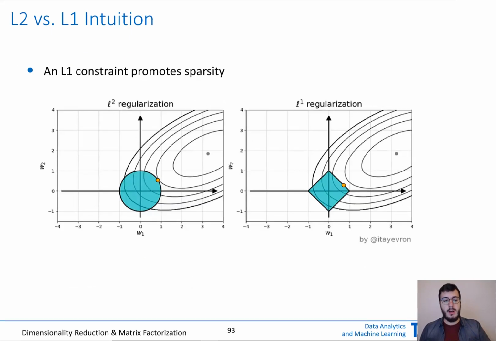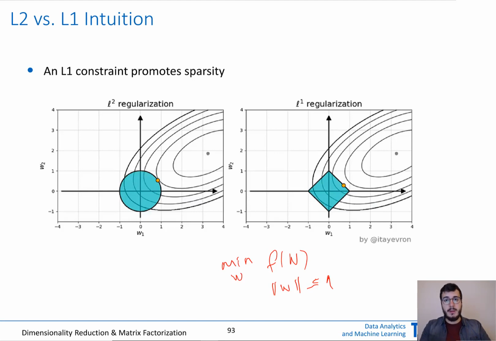Okay, so here on the slide I show a constrained optimization problem where we're minimizing some function f of the weight vector w, subject to the norm of that weight vector being less than or equal to 1, for example. So we're minimizing over w.